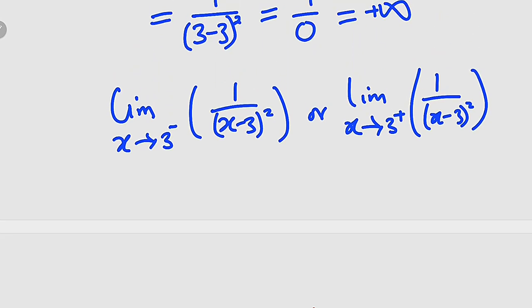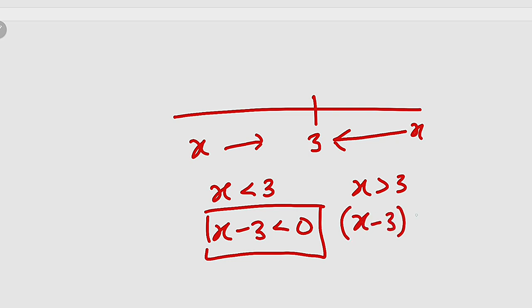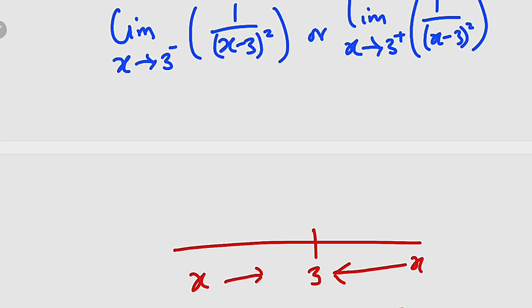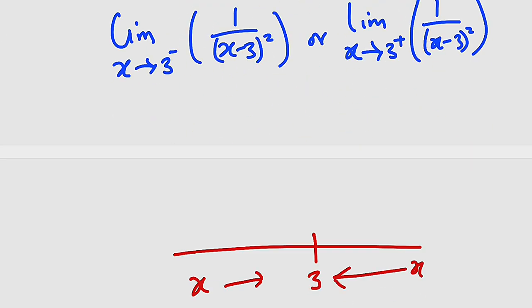But if this is negative, power of 2 will transform it to positive. Therefore, this will approach positive infinity. The same thing, if you're approaching this from the right hand side, x must be greater than 3, and x minus 3 is what? Greater than 0. You see, this is already positive without squaring. So in either way, we are going to approach positive infinity, and you can look at it graphically.